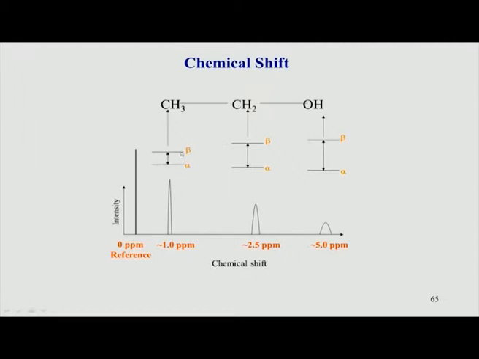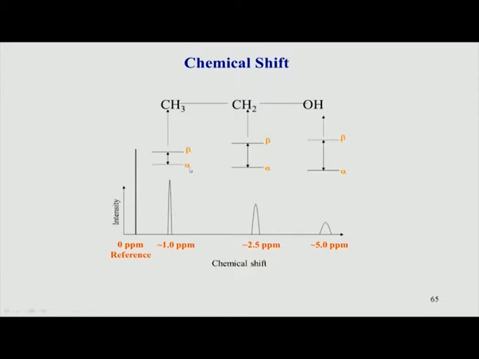So, you can see that this particular CH3 has a different resonance frequency compared to this particular hydrogen and compared to this. So, there is a gradual change of the energy, and therefore, the resonance here is not the same as the resonance here, and when you start exciting the protons, this particular one will have a different frequency of excitation, which is converted into the ppm scale, we will see shortly.